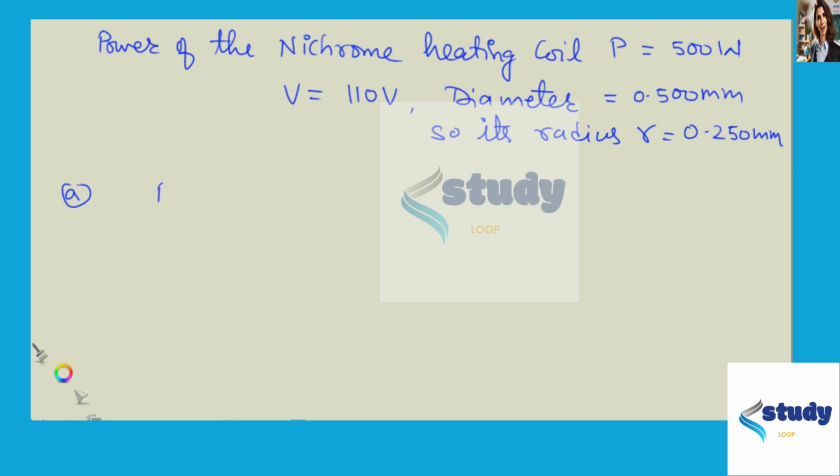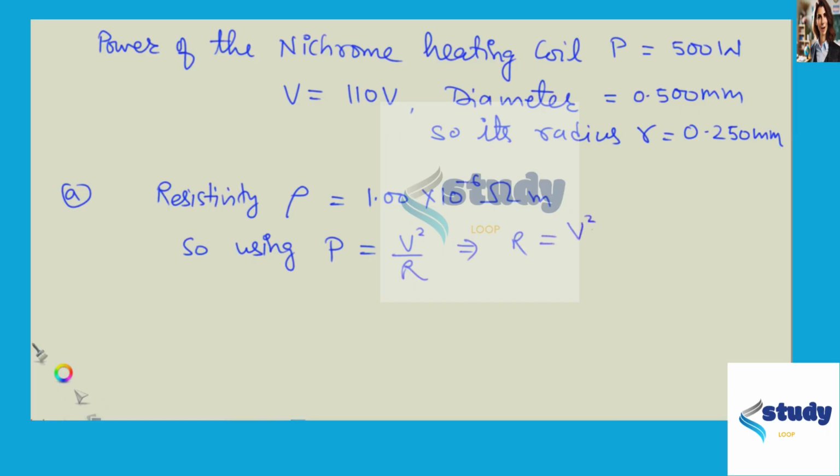Now in the first part of the problem, we have to find the length of the nichrome wire, for which the resistivity of the nichrome is noted to be equal to 1.00 into 10 raised to the power minus 6 ohm into meter. So using an expression for the power as V square by R, where R is the resistance, we get an expression for the resistance as V square by P, and resistance is also given as rho into L by area of cross section, means pi R square.